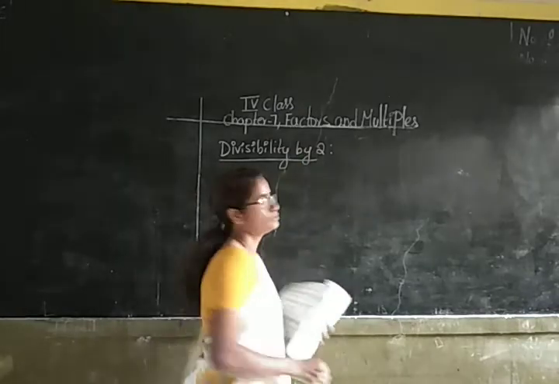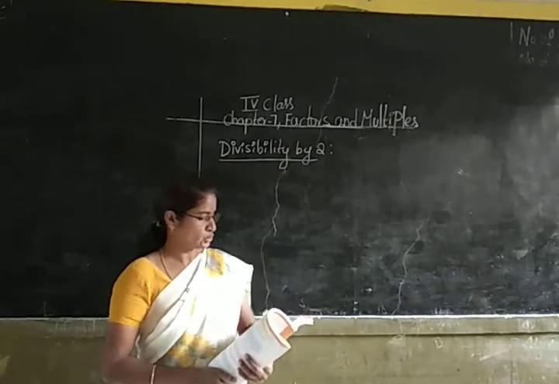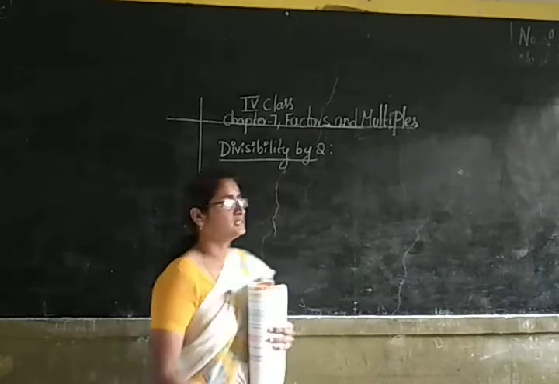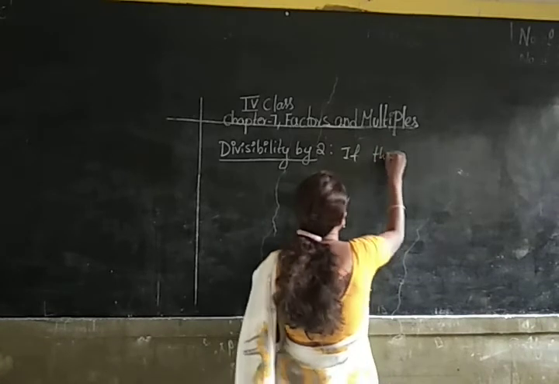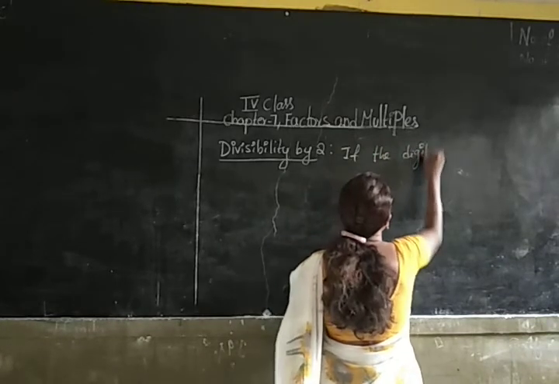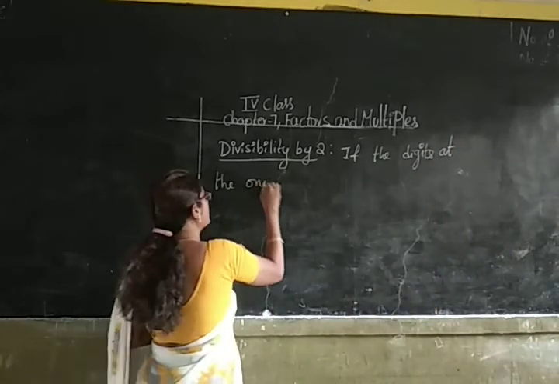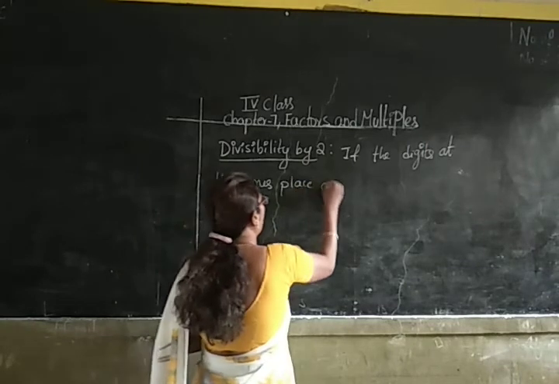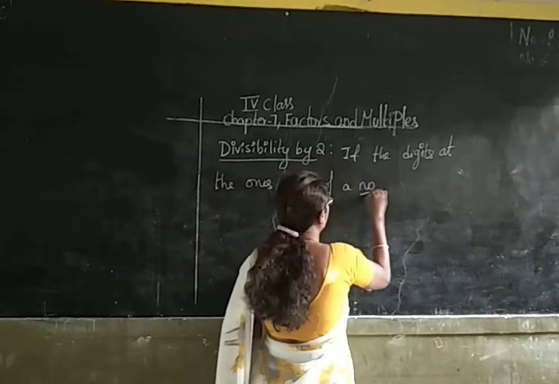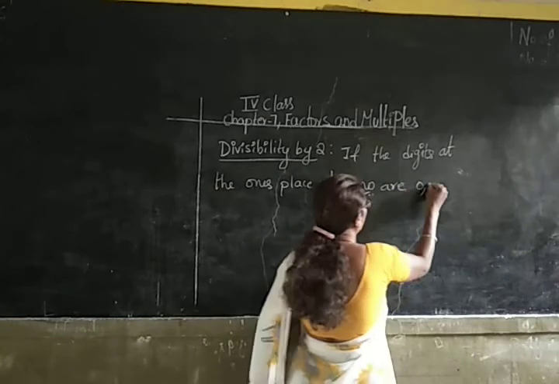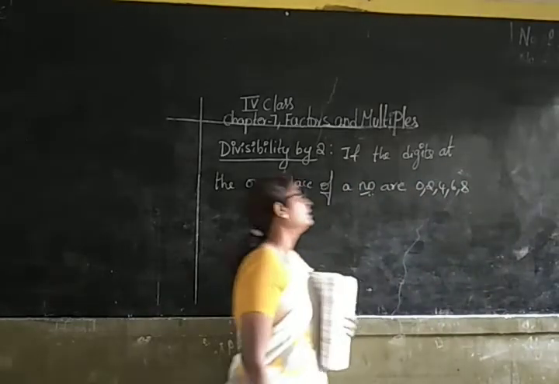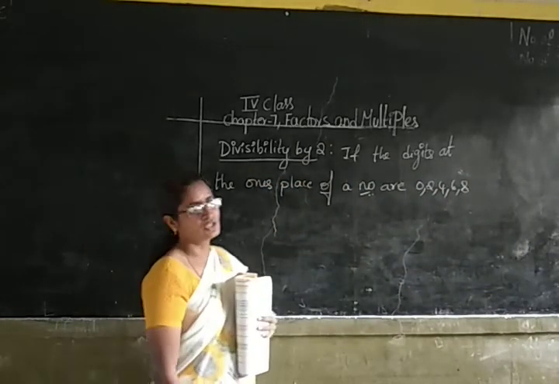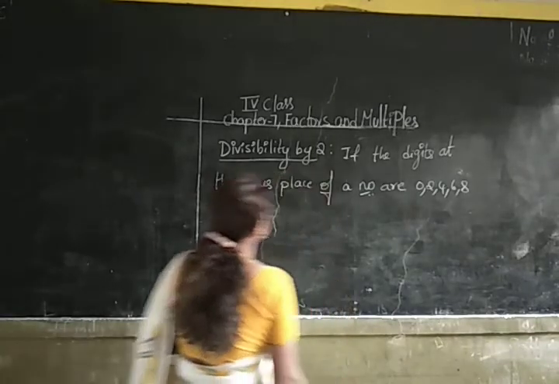If the digit at the ones place of a number is 0, 2, 4, 6, 8, then the number is divisible by 2.